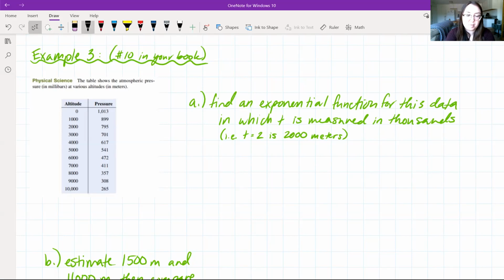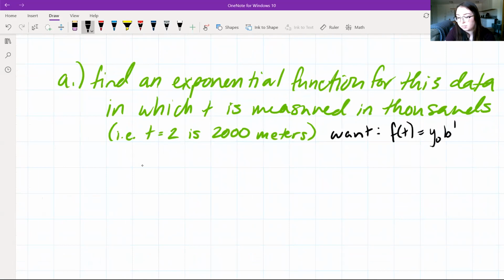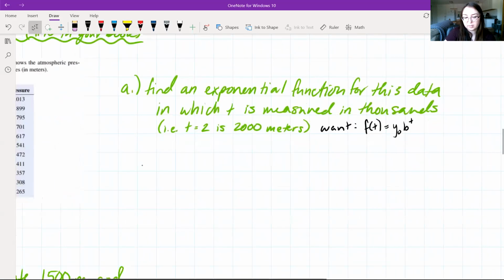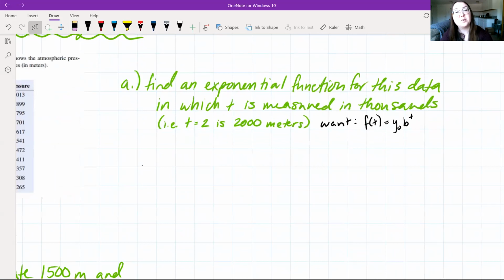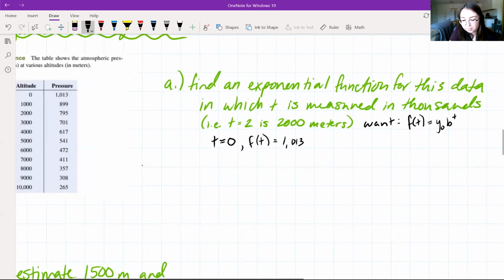And we want to set up our problem the same way as we did before. So we want f of t is equal to y naught times b to the t power. So we're going to do the same thing as we did before. First we're going to start with our initial value. So we know that when t equals 0, our pressure, or our f of t, is equal to 1,013.